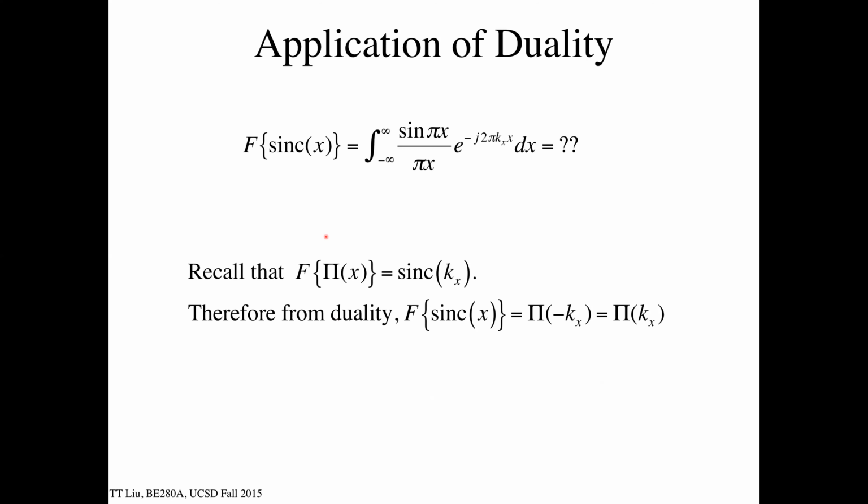The application of this is that if you have some complex function, say you want to take the Fourier transform of the sinc function, which is kind of a hard thing to do because the function itself is a little bit nasty. It's got a 1 over x, it's got a sine in here, and so you're going to do this multiplication and do this integral.